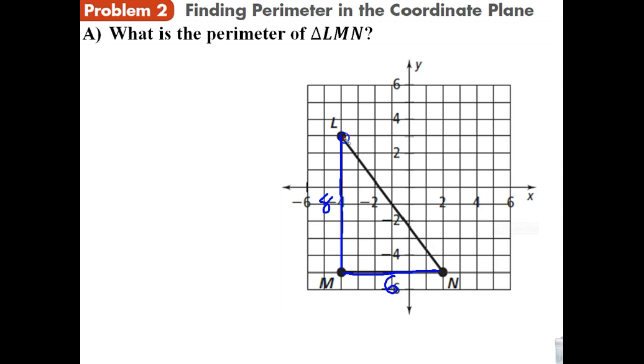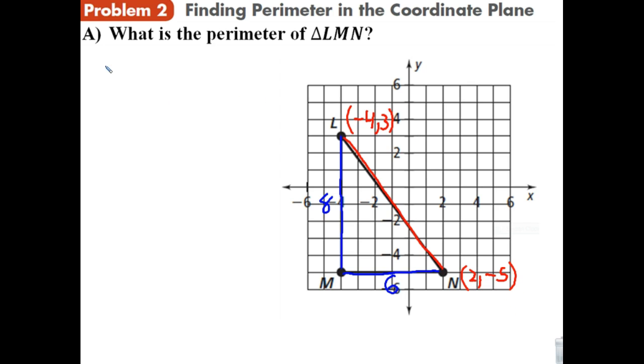What I'm going to need to do to figure out the length of LN is actually apply the distance formula from the previous lesson to this segment. Okay, let's go ahead and do that. Remind you how to do that. L looks like it's at (-4, 3). And N looks like it's at (2, -5).